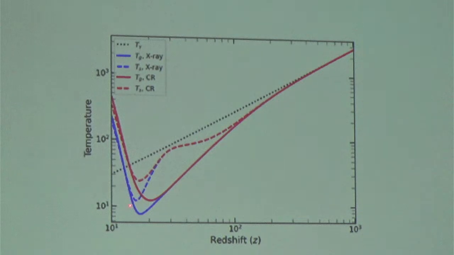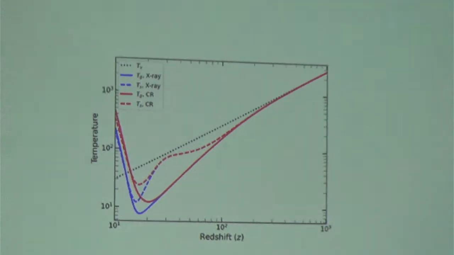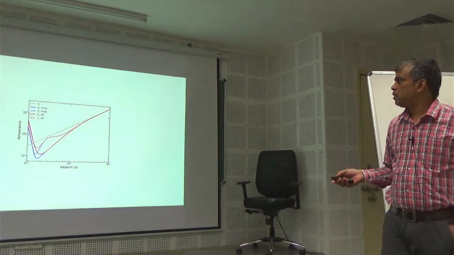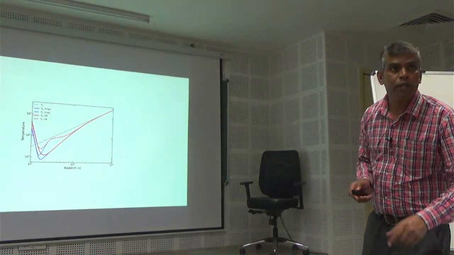But then when they are fully coupled, the IGM temperature and the spin temperature both are increasing. So now I think we understand all the important processes that determine the evolution of spin temperature and differential brightness temperature.